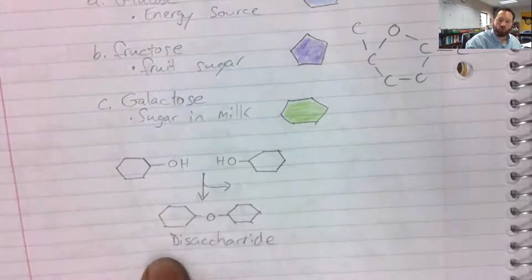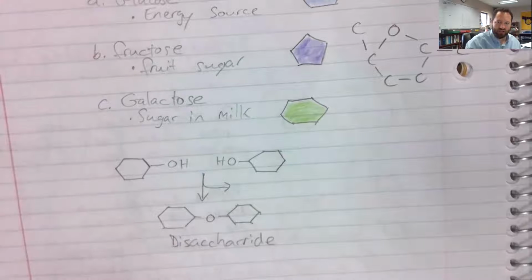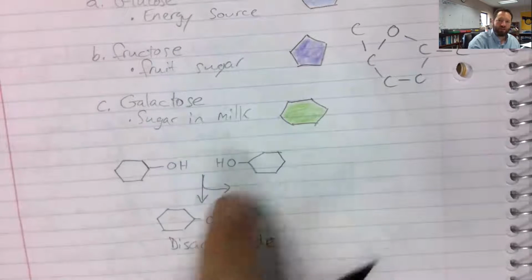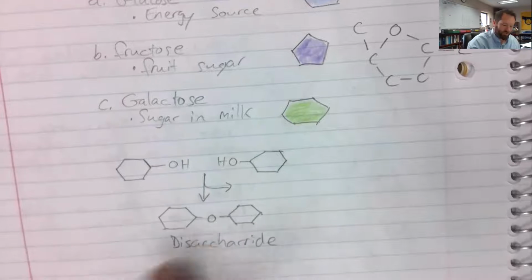Disaccharide: the Greek for 2 is di, and then saccharide, sugar. And there we go. We have combined 2 of our monosaccharides to make a disaccharide.